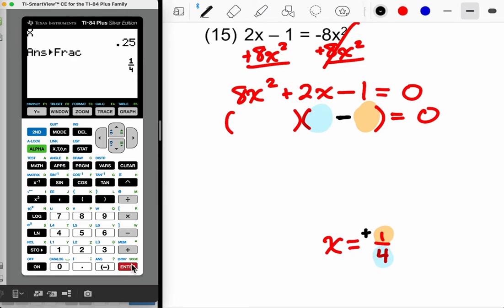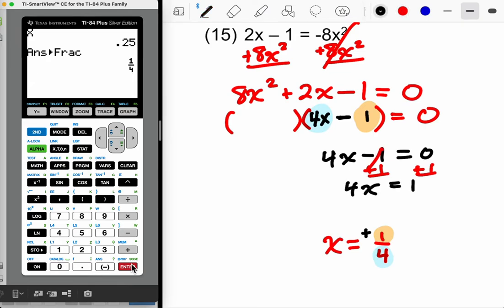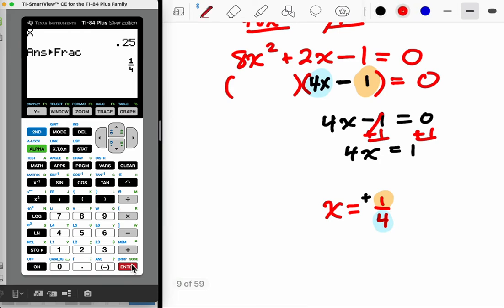So I'm looking at a 4x minus 1. All right, and you can verify it. You take that 4x minus 1, pull it out, set it equal to 0, add the 1 to both sides, that old chestnut. 4x is equal to 1, divide both sides by 4, and you get your 1/4.